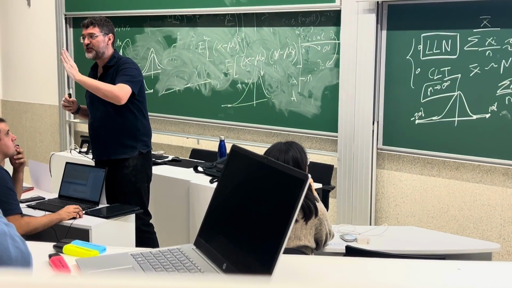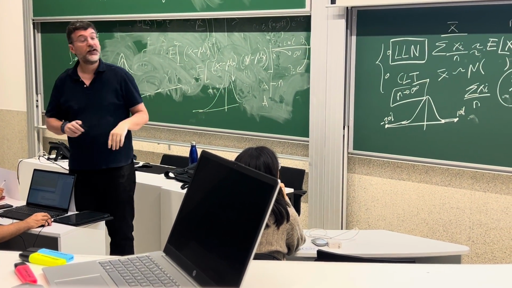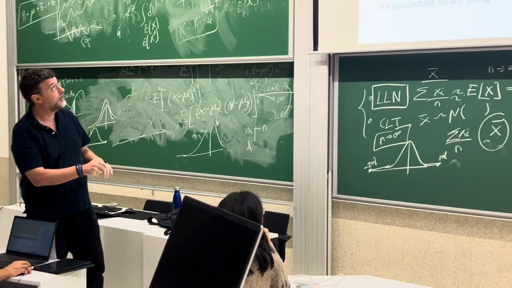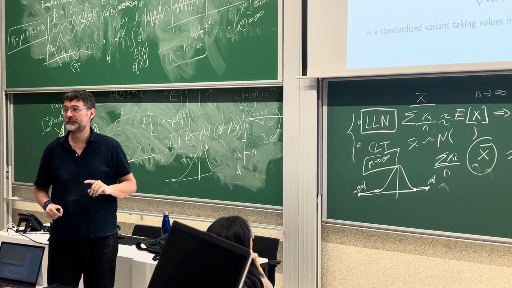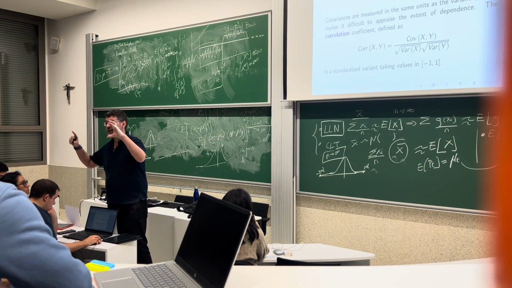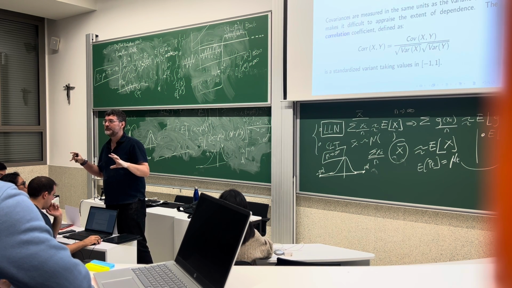Zero correlation is only possible if we have zero covariance, and zero correlation, zero covariance means that two variables are not linearly dependent. And this is something that I want to remark on later. If they are linearly independent, then covariance is zero.